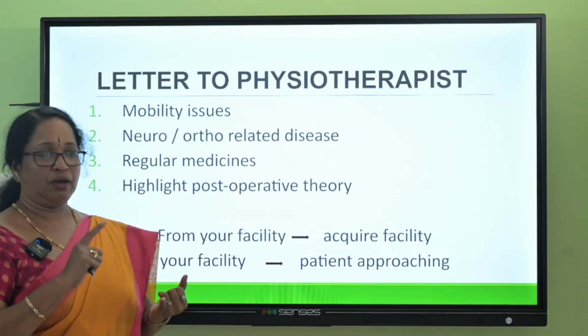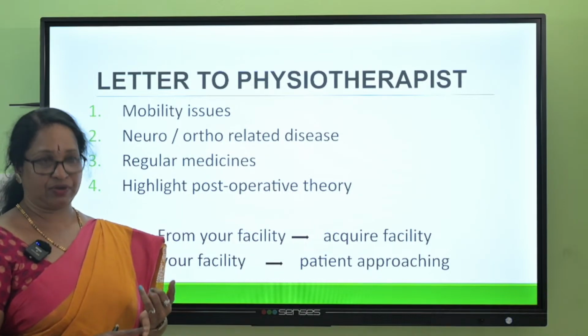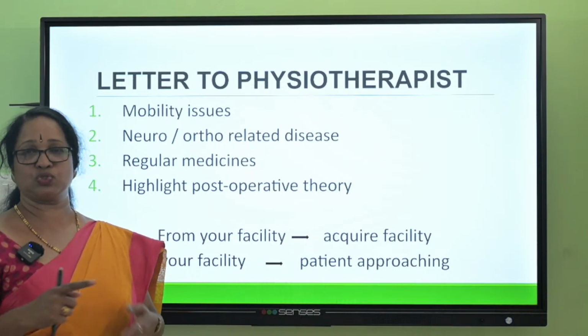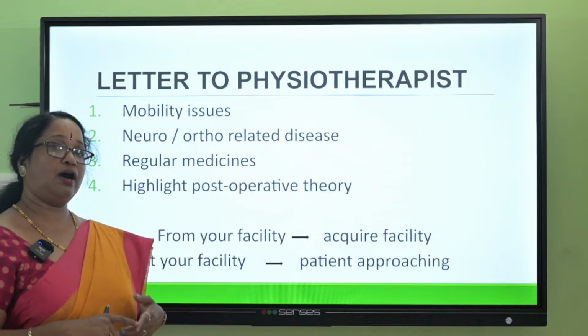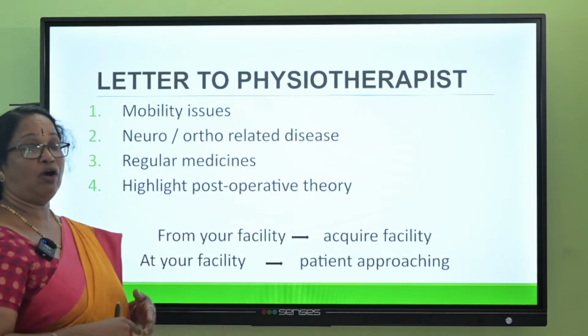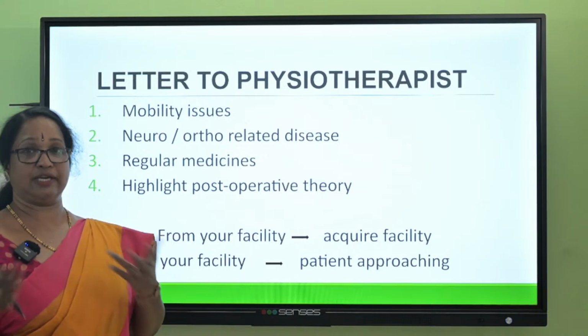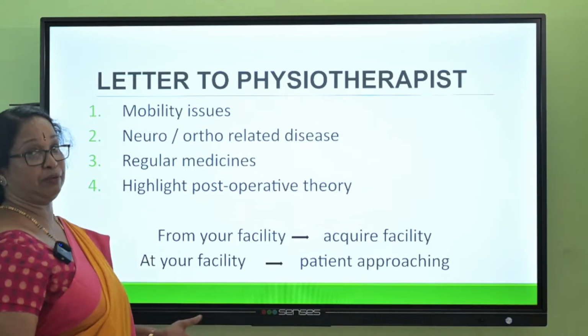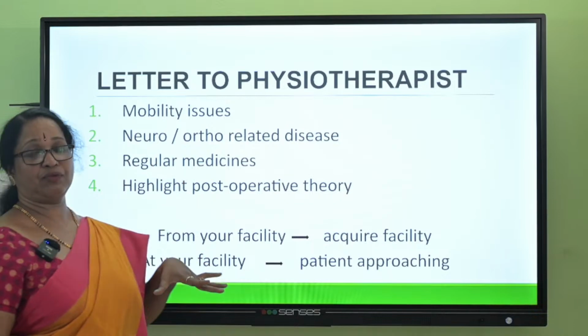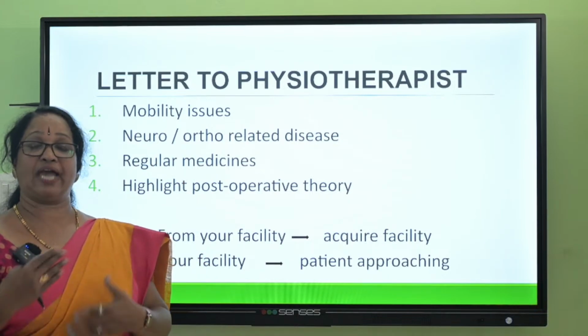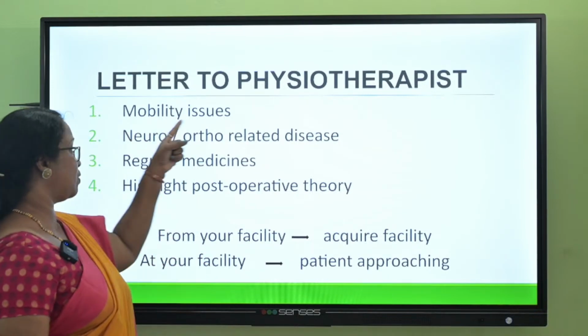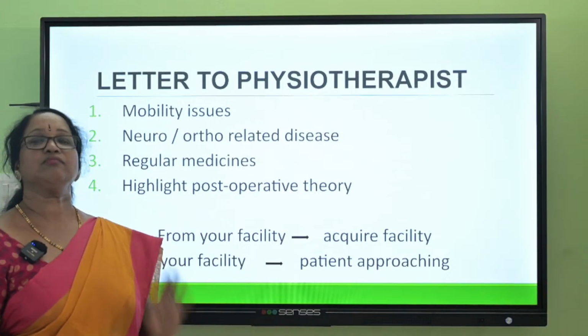Especially a patient who has undergone surgeries needs some physiotherapy, or due to some other conditions they need some physiotherapy, whatever it may be. Go through that, whichever the relevant points that we have to note. First one is mobility issues.